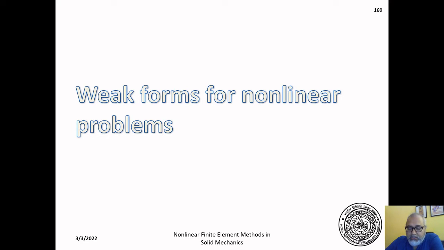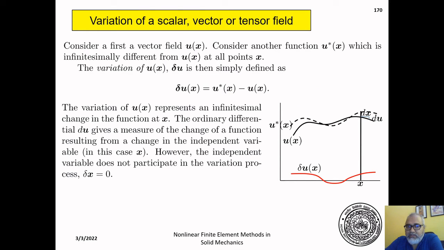Now, the first concept that we need to learn is the concept of a variation of a function. You can take the variation of a vector, scalar, or tensor function of, let's say, position. Let's start with position. Let's take a vector function u(x), which is a function of x1, x2, and x3.